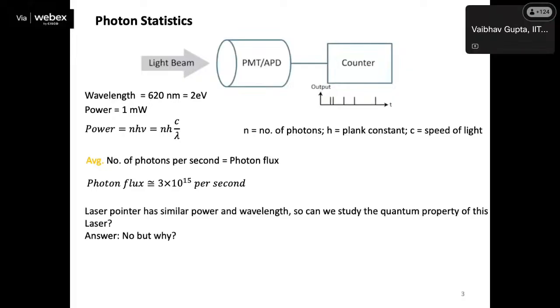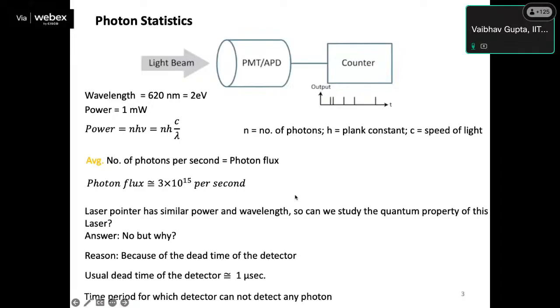Okay. So can we now understand the quantum properties of this laser pointer? The answer is no. But why can't we do that? The reason is the dead time of the detector. What is the dead time of the detector? It is the time during which the detector cannot detect anything.